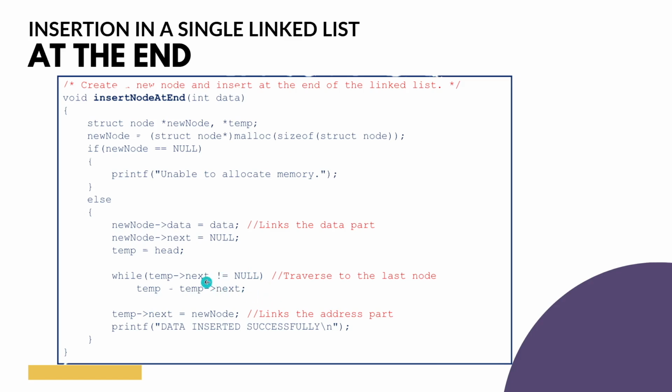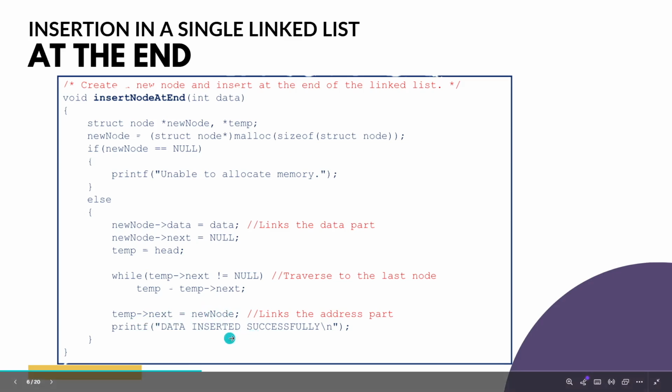If the condition becomes false, then it means we have reached the last node where temp's next will contain value of null. So, once we exit this loop, we will be in the last position in that linked list, and at that position we add the new node. So, we make a pointer modification as temp's next to contain the new node, thereby we have successfully inserted a new node to the end of this list.